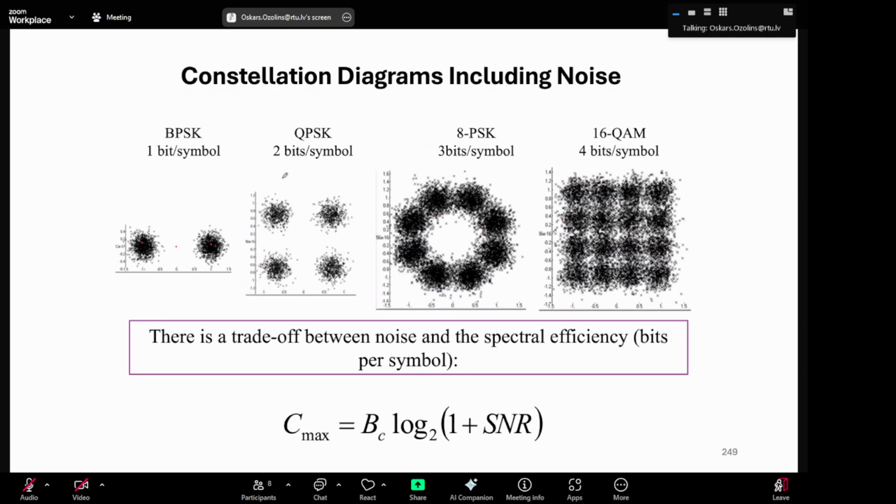With QPSK you can have 2 bits per symbol. 8 PSK you have already 3 bits per symbol, and with 16 QAM you have 4 bits per symbol. So we already covered this.